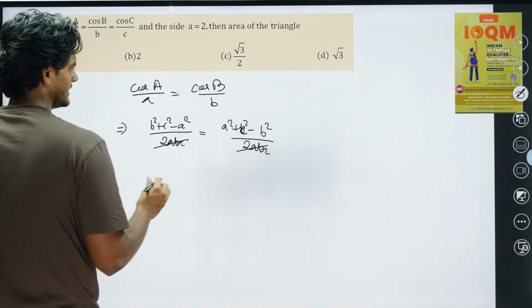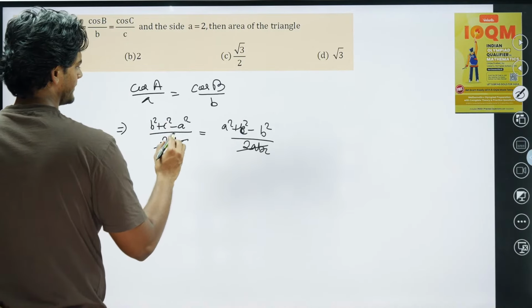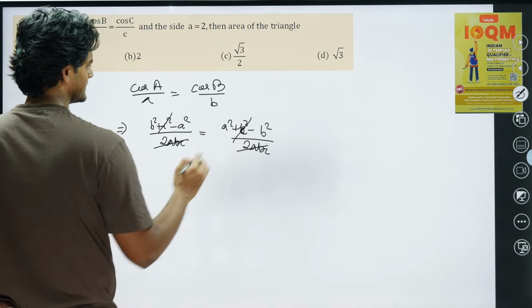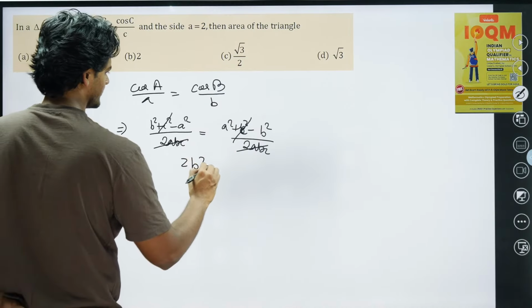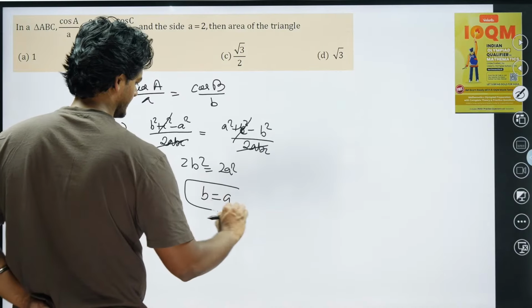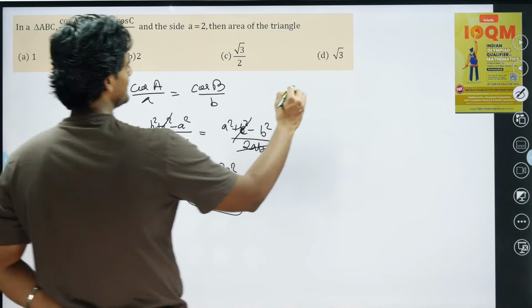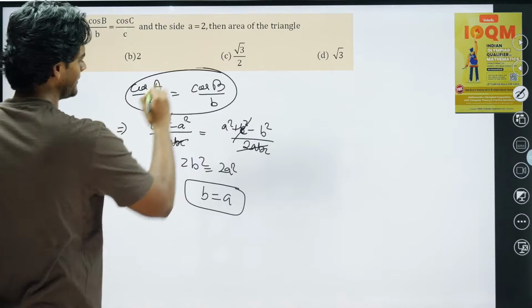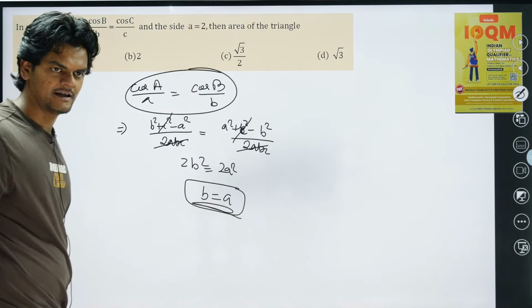So this 2 will get cancelled, C square is getting cancelled, and you will get 2B square is equal to 2A square. So B should be equal to A.